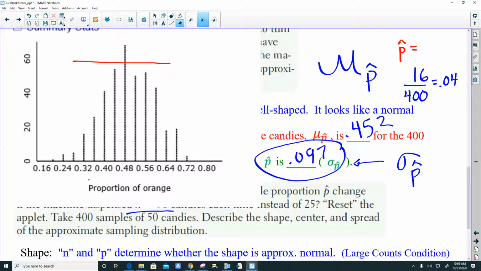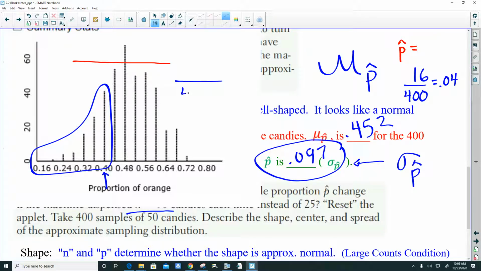Now, if I asked you, should we be surprised if the sample proportion is 40%? Now we're talking about all of these dots. I didn't go through and add those up, but if we were to do that and figure out what that percent is, that is probably greater than 5%.